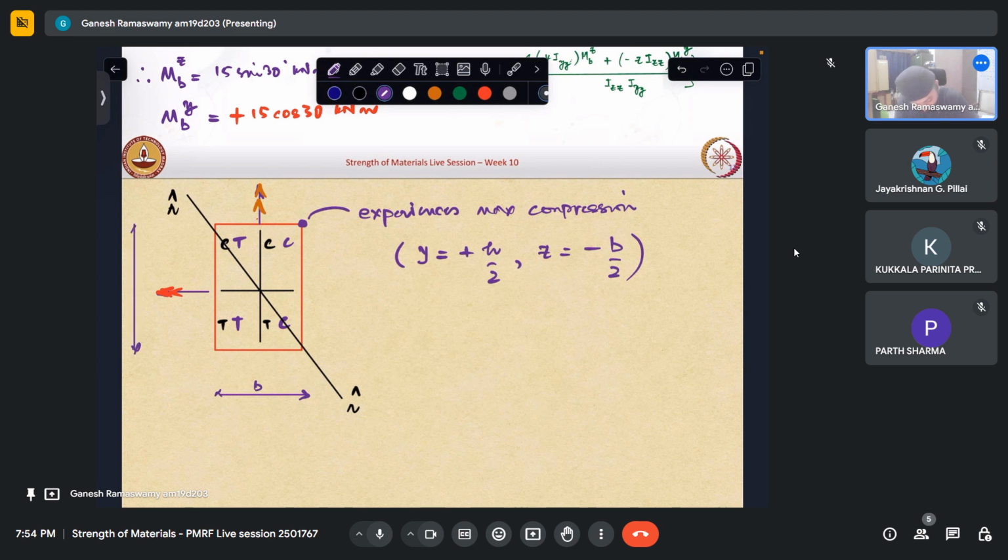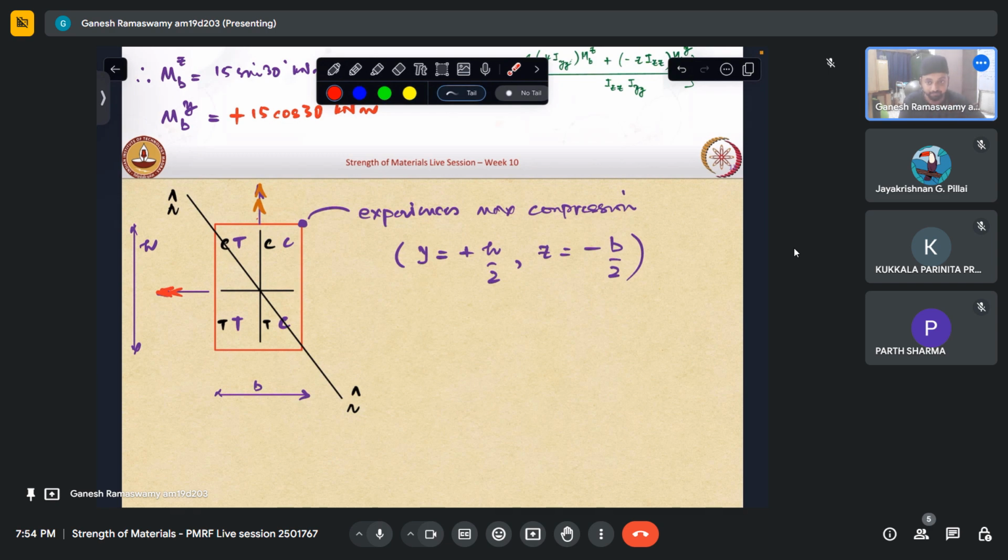Why is z minus? Because we know if this is y, this is z, we are looking at this point, so it goes in the negative y direction, negative z direction, which is why this is the actual coordinate of the point that experiences maximum compression. And just the mirror image of this about the neutral axis will give us the point which experiences maximum tension.